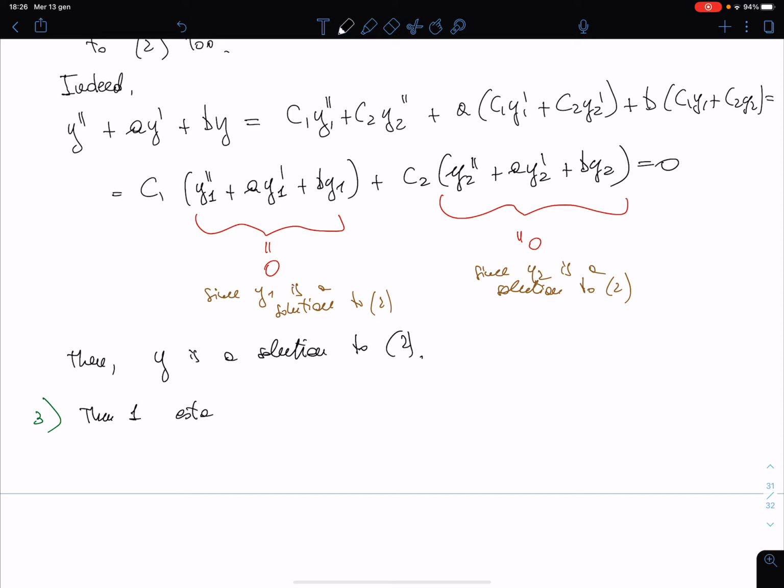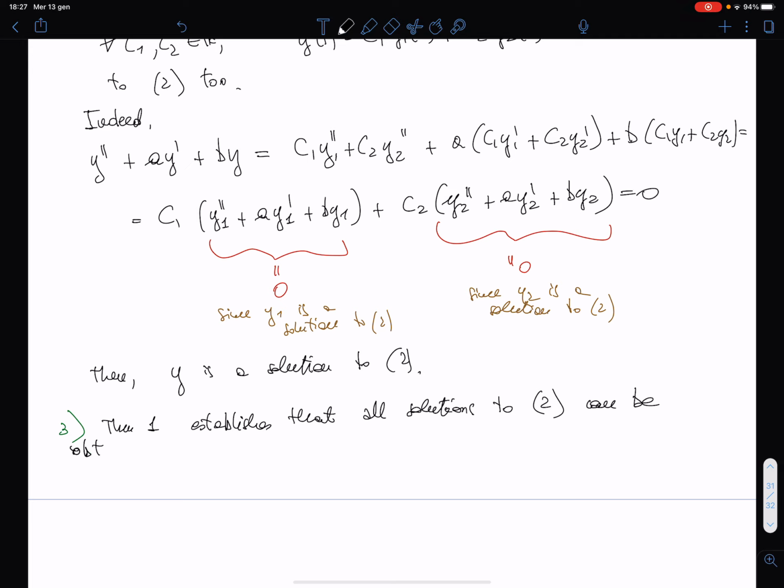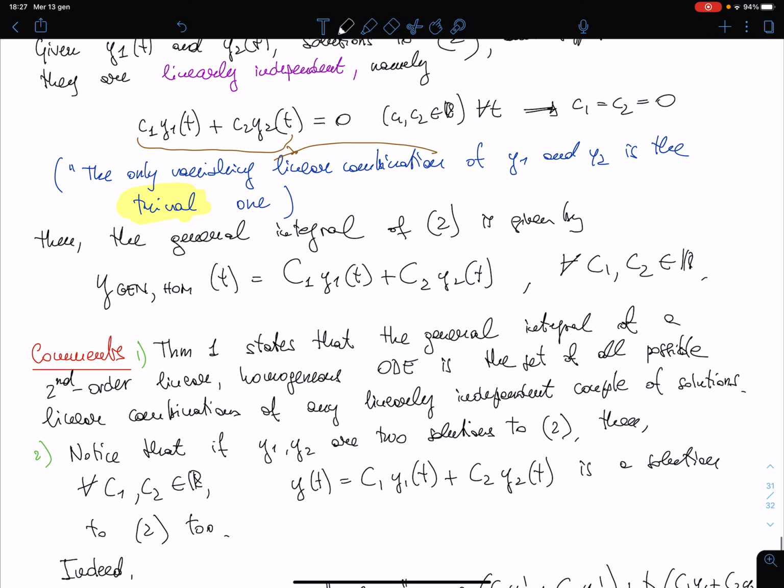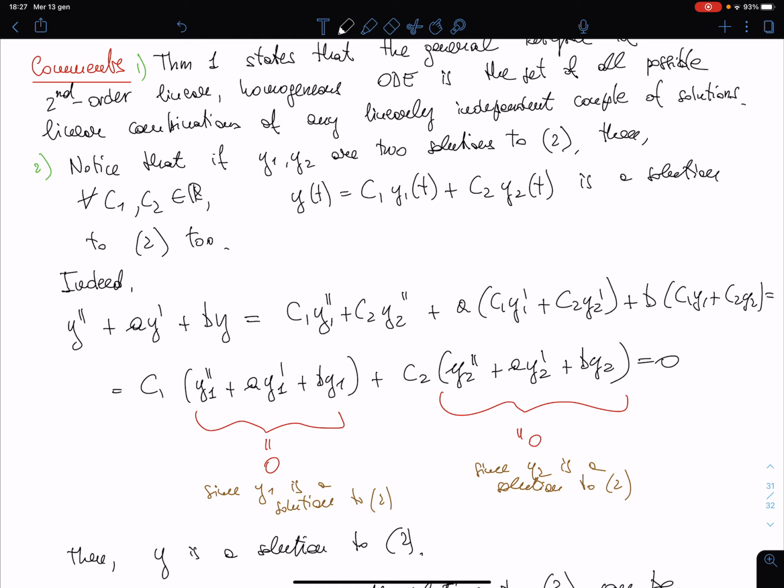This theorem establishes that all solutions to 2, so the general integral, can be obtained in this way. Here you see how powerful this method is, how powerful this theorem is.